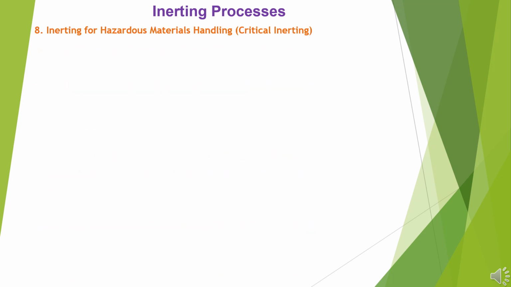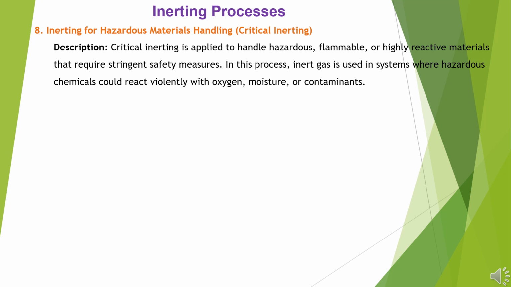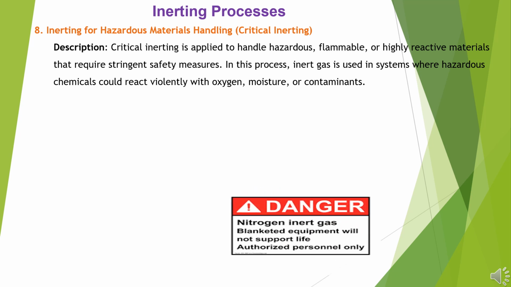Eight. Inerting for hazardous materials handling. Critical inerting. Description: critical inerting is applied to handle hazardous, flammable, or highly reactive materials that require stringent safety measures. In this process, inert gas is used in systems where hazardous chemicals could react violently with oxygen, moisture, or contaminants.